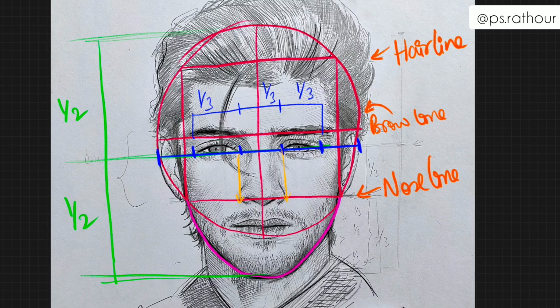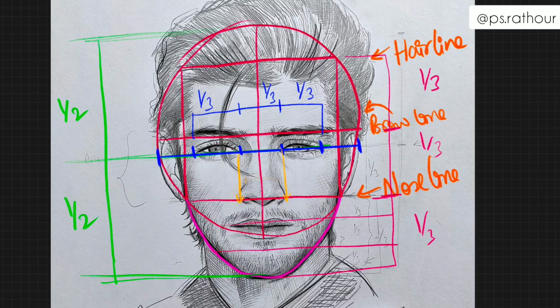It may be helpful to draw two light lines down from the inside corner of the eyes to help you find the width of the nose. You can see that from the hairline to the chin, it is divided into 3 parts. We can divide the lower 1/3 part into 3 equal parts, and the middle part we get is where the lips will be positioned.